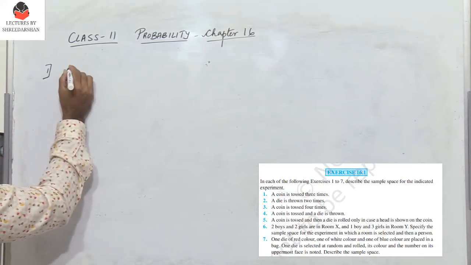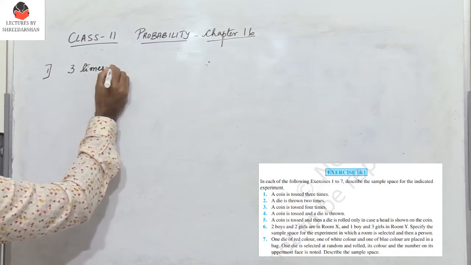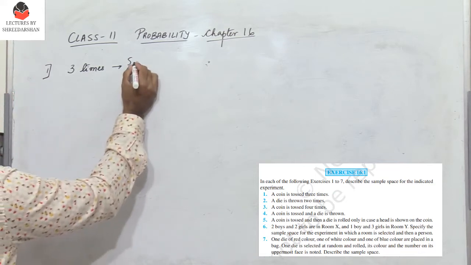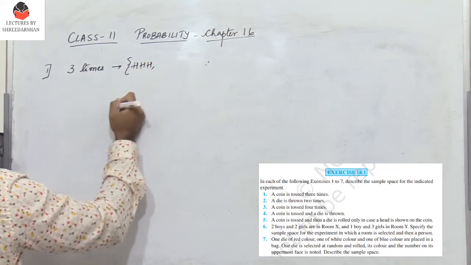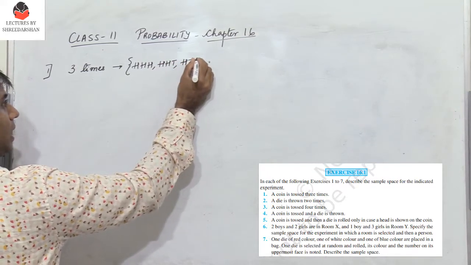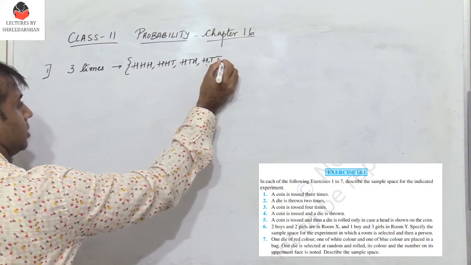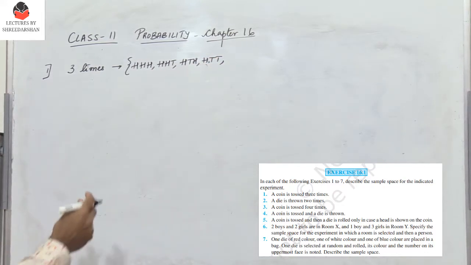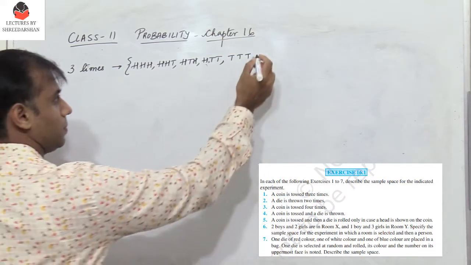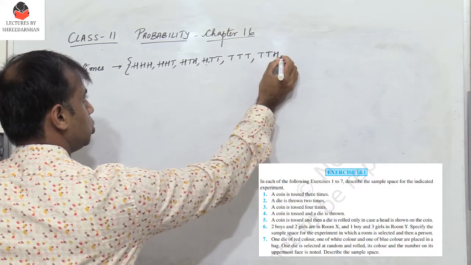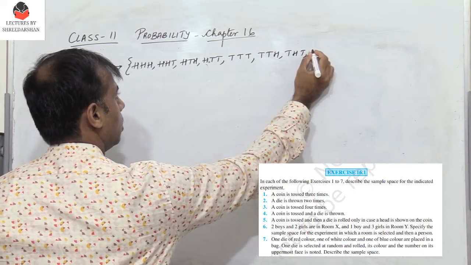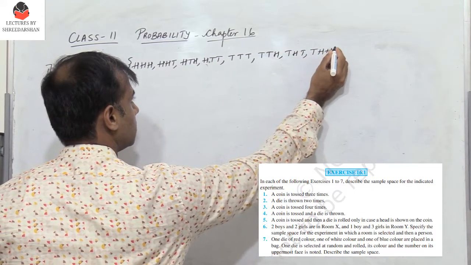The first one: a coin is tossed 3 times. What is its sample space? If I'm tossing a coin 3 times, I can get head, head, head; head, head, tail; head, tail, head; head, tail, tail; or tail, tail, tail, 3 times tail; tail, tail, head; tail, head, tail; or a tail and 2 heads.